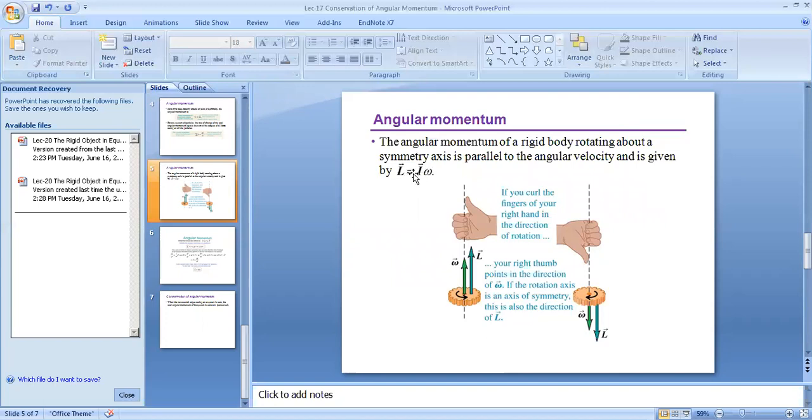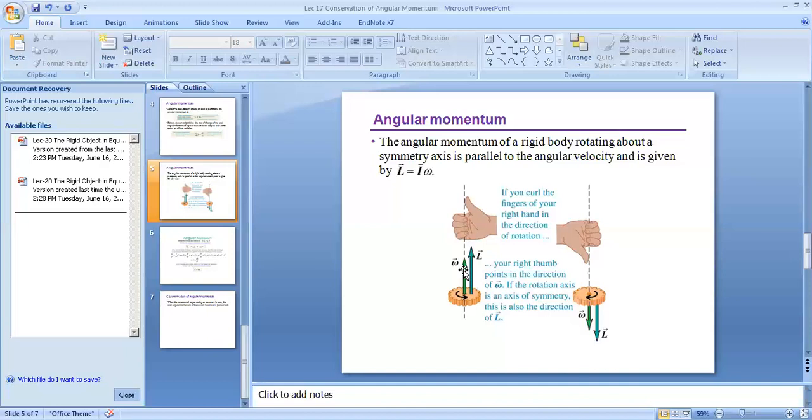So L will be equal to I omega, and whenever the object is rotating in counterclockwise mode, the omega will be along the positive z-axis, which is the axis of rotation of the rigid object, and at the same time, the angular momentum L will also be directed along the positive z-axis.